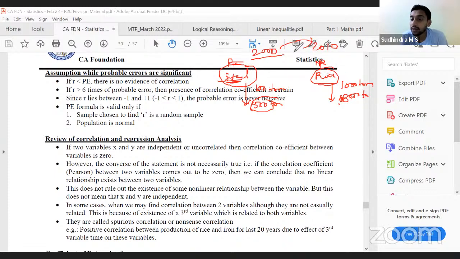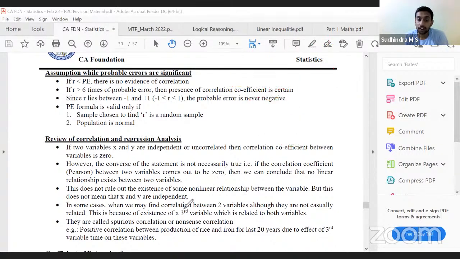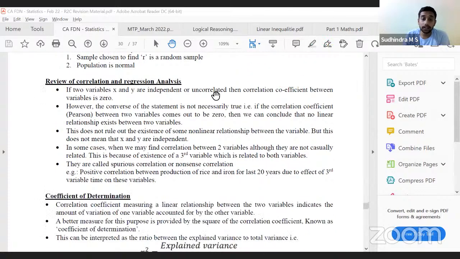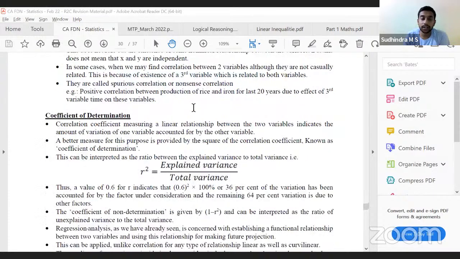So even though there is a change among them, if we apply Karl Pearson's formula, we will get a correlation value. But that correlation is called spurious or nonsense correlation. So that is the review of correlation and regression.